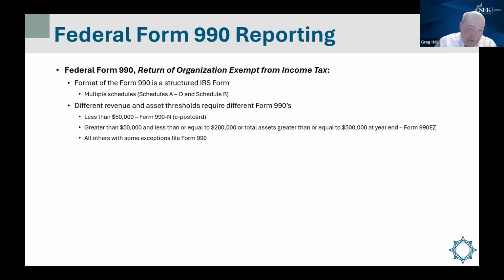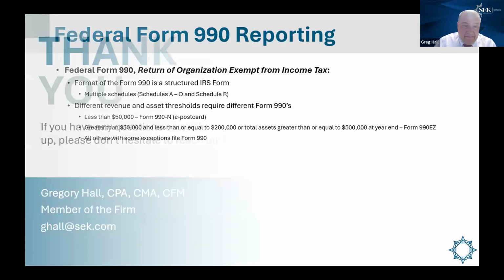Also, if the revenue is 50,000 or greater and less than 200,000, and you have total assets greater than 500,000, then you need to do the Form 990-EZ. Still a relatively simple statement, maybe about 6 pages long with a couple of schedules. All others have to do the long form of the federal Form 990. So keep that in mind. That's primarily the reporting requirements for the federal Form 990.